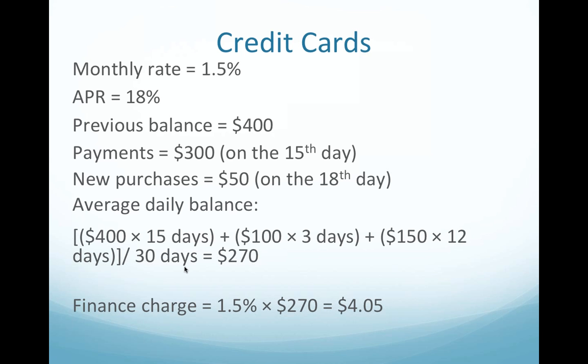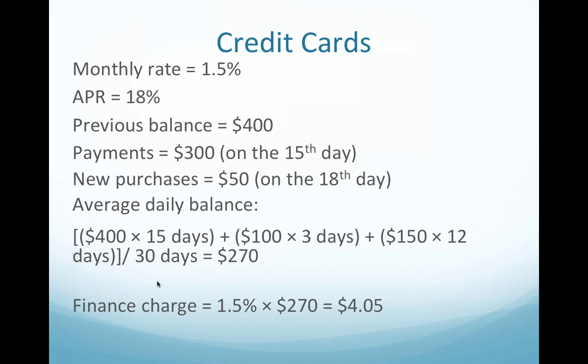Okay, so the way we do that is the balance changes. The first 15 days it was $400. Then the next 3 days it was 100 because you made a $300 payment. Then it went back up to 150 because we went out and bought something new. Then all that gets divided by 30 because that's the total amount of time. We're always going to divide by a total to find the average, just like we did with the average salary and also with average grades.